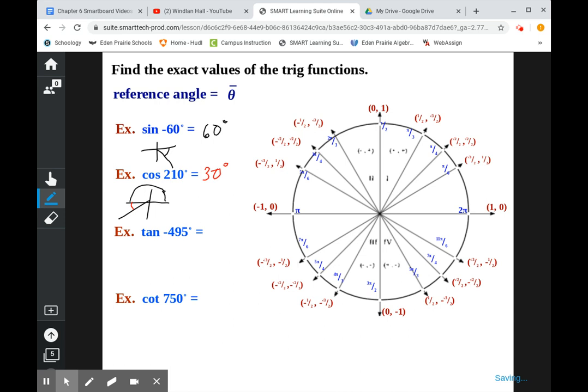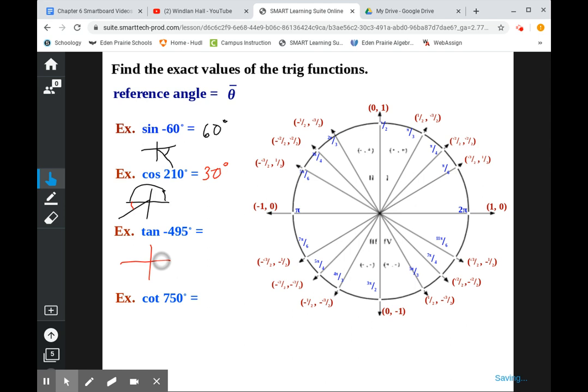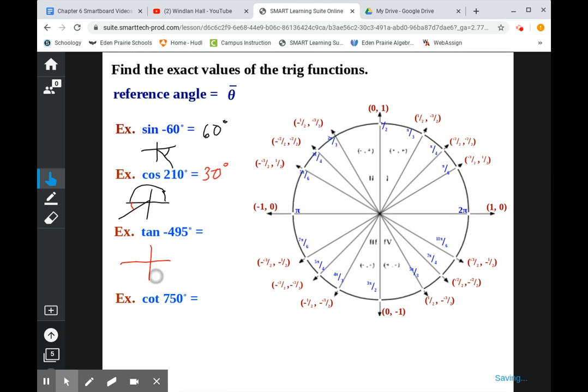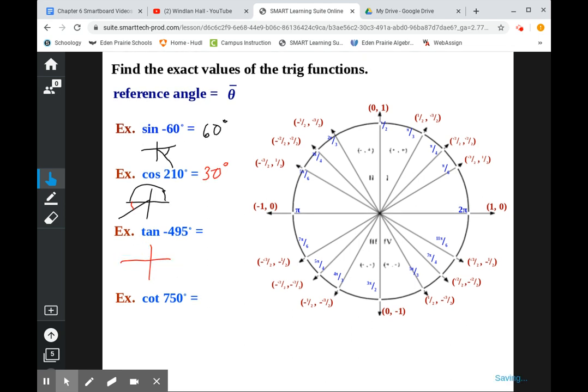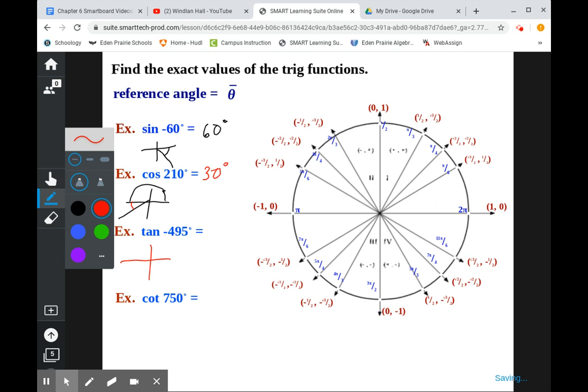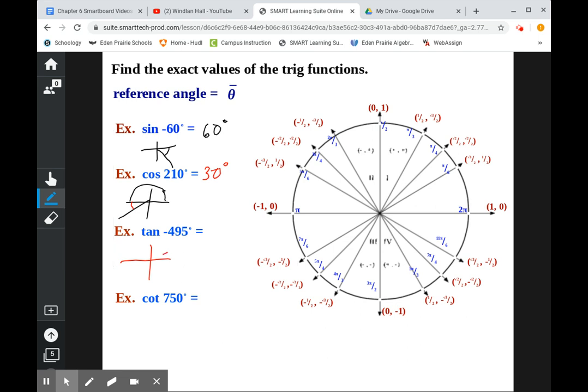Negative 495 becomes a little bit more challenging, but we can handle it. It's negative, so we go all the way around. That's negative 360. Then what I like to do is actually write in the angles. If I go 90 more, that'll put me at the negative y-axis.